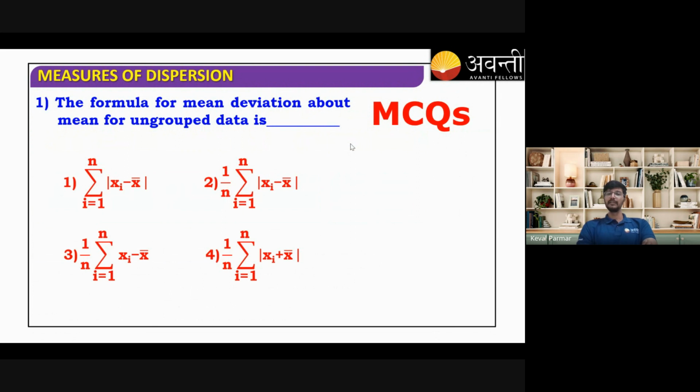If you look carefully, option 4 is of no use because it has a plus here. Option 3 doesn't have the mod. Modulus is necessary, guys. Please try to recall. Modulus is very necessary. So our answer is 2.